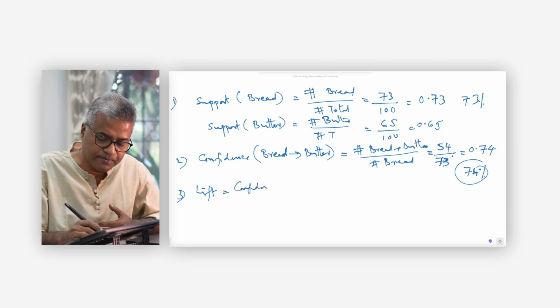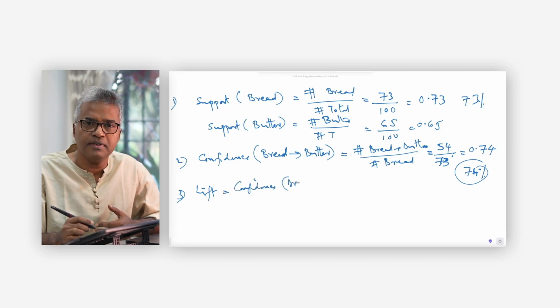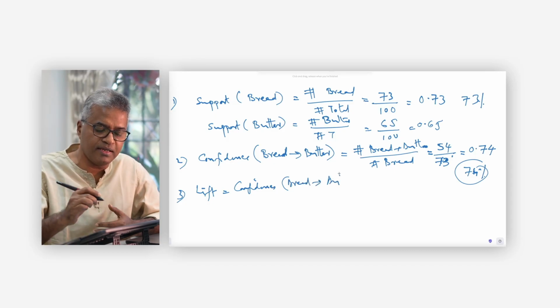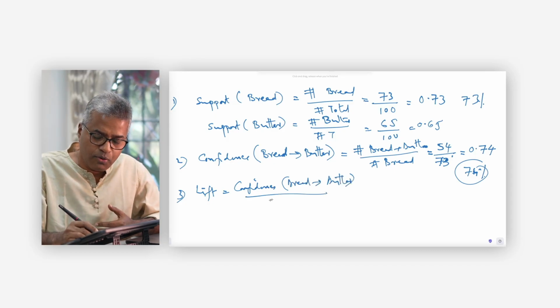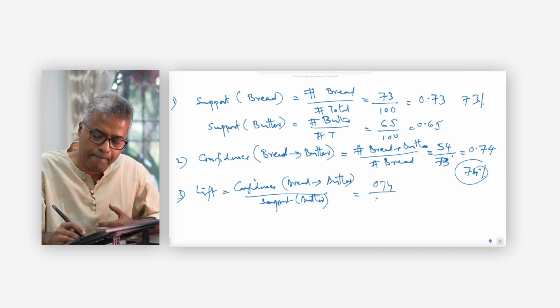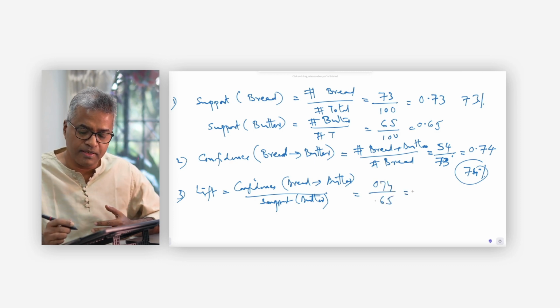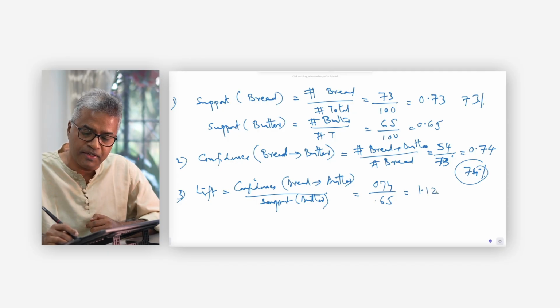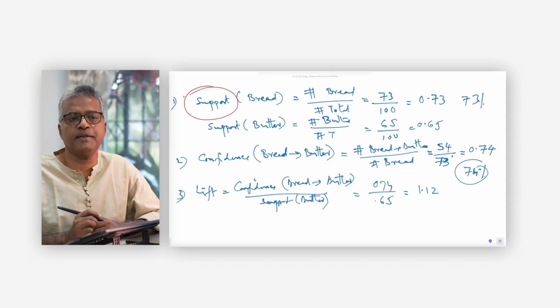Third is the lift. Lift uses this confidence and support. The confidence of bread influencing butter divided by the support of butter, that is equal to 0.74 divided by 0.65, which comes to around 1.12 approximately.